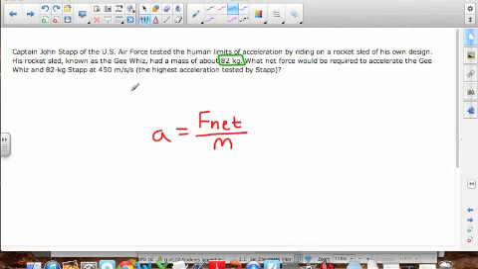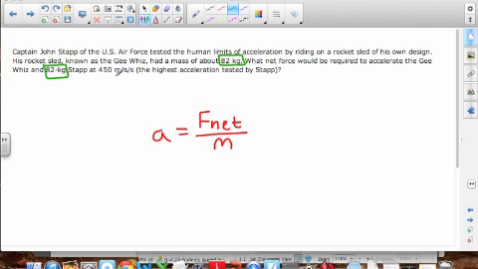Actually, now that I'm looking at this problem, which I found online, it doesn't give us enough information. It doesn't tell us what the mass of the Gee-Whiz is itself. Actually, this is kind of an annoying problem because apparently Captain Stapp and his rocket sled both have a mass of 82 kilograms.